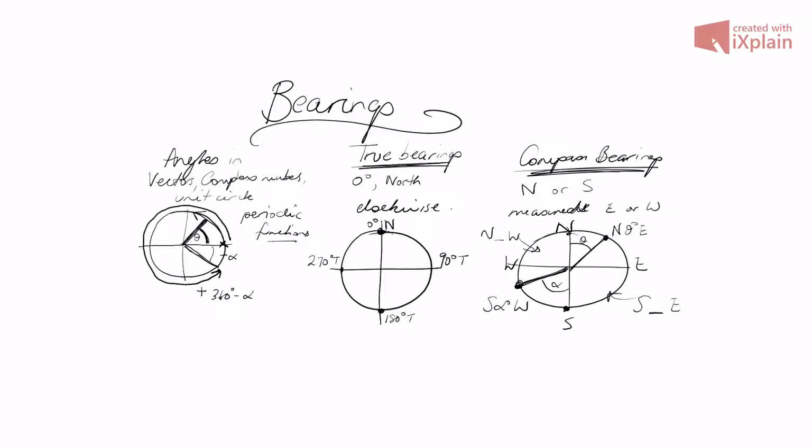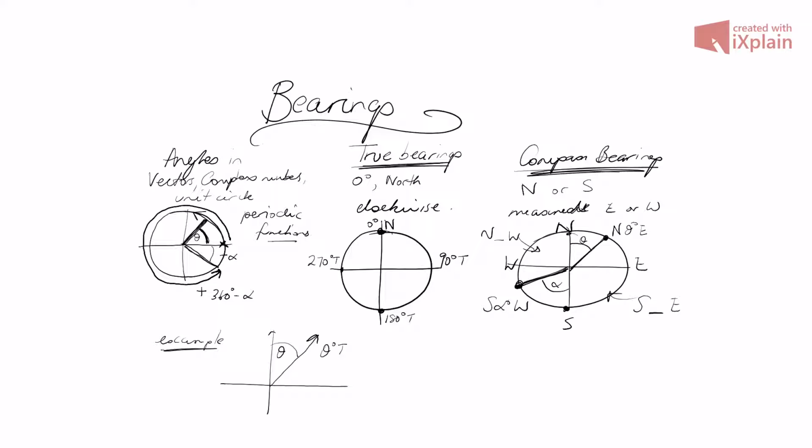So just a very quick example of how you would go from a bearing, especially a true bearing, to a vector. That would be theta degrees true. Now if we wanted to use that in a vector problem or a vector diagram, we can't use that theta degrees.